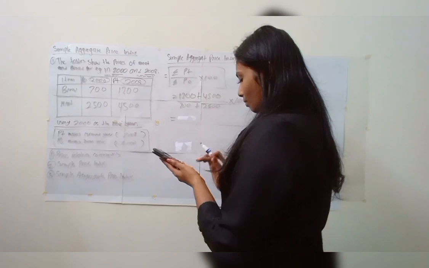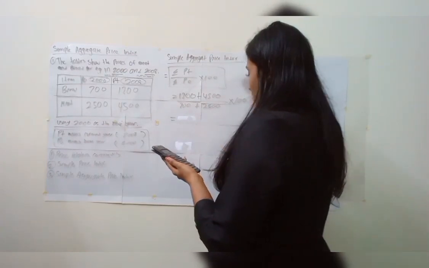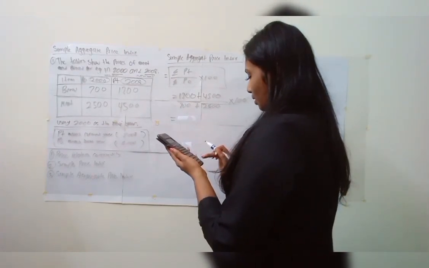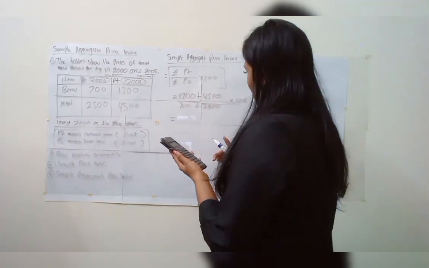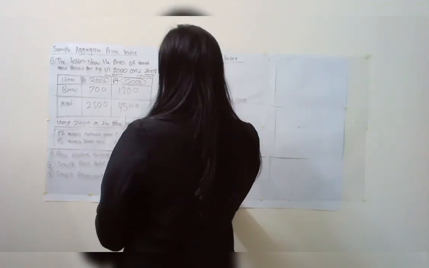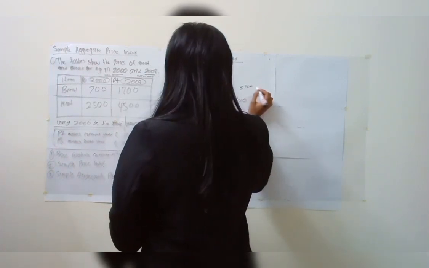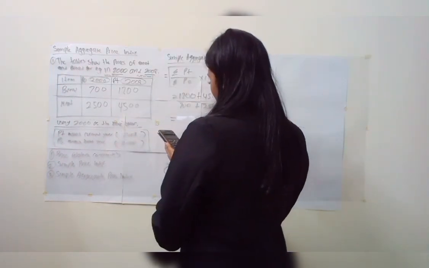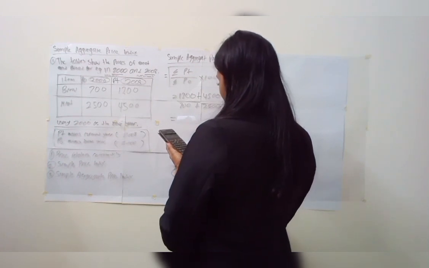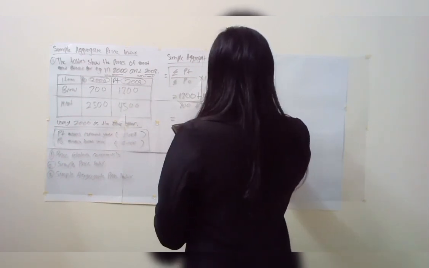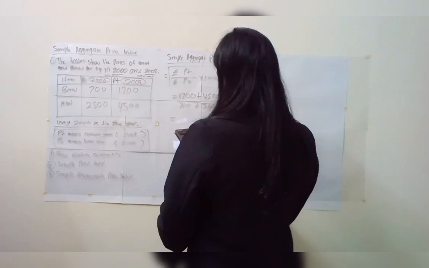Okay, 1200 plus 4500. So we get first of all 5700. Okay, 700 plus 2500 is 3200.